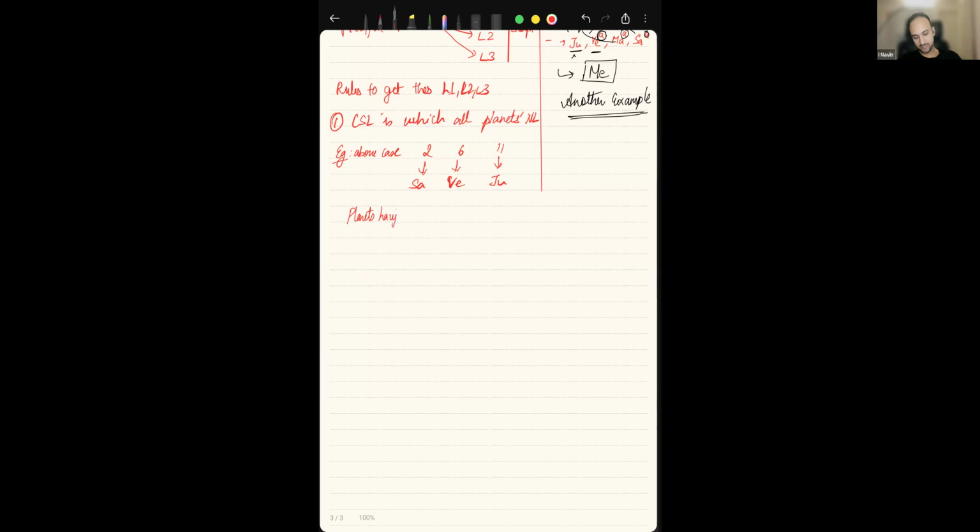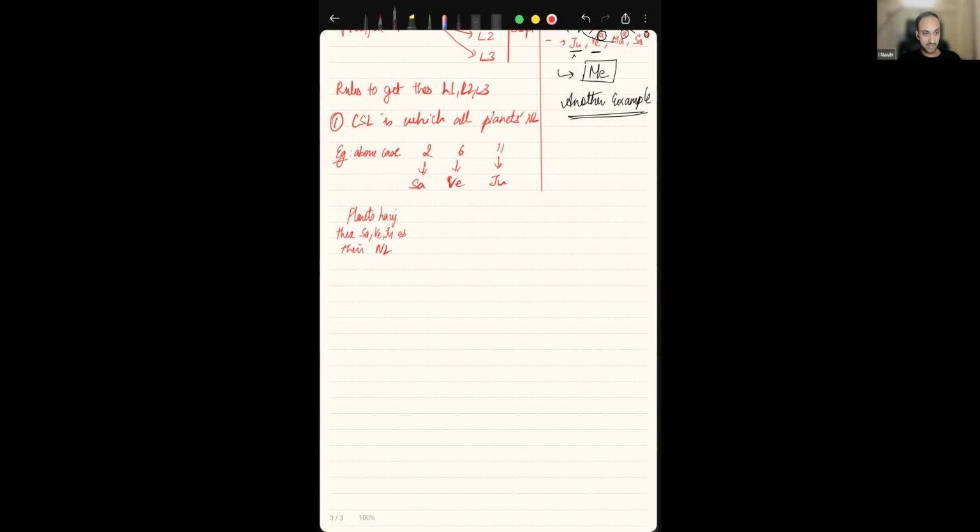Planets having these, Jupiter as their. For 1 minute, forget all the calculations done below. Just go back to the table, the significant planetary position table here. Or rather, both the tables. First look at my 2, 6, and 11 cuspal sublords.